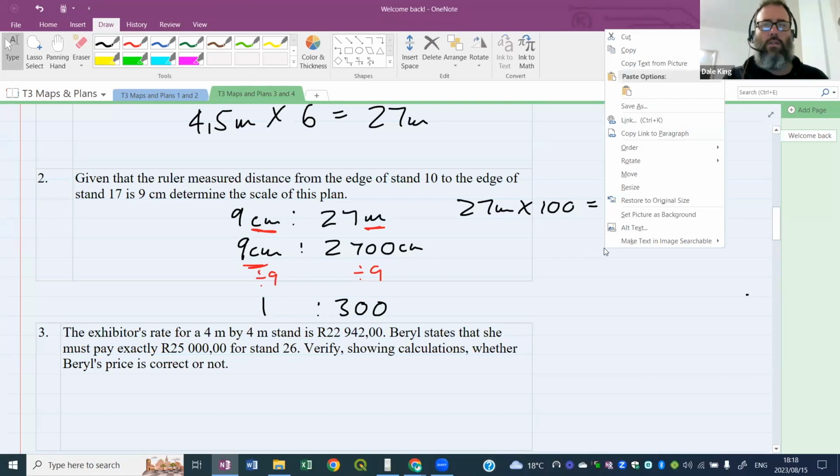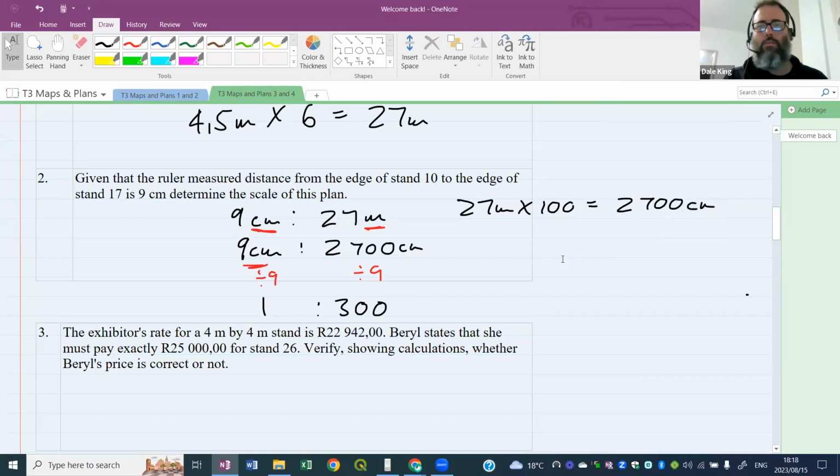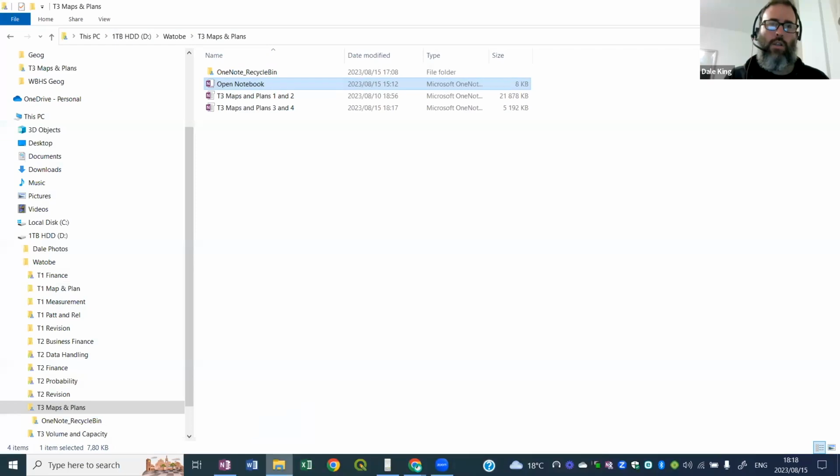Stand 26. Whoopsie. Come on now, stand 26. Where are you? Oh, gremlins. I've got load shedding issues in the software. All right, hang on to your horses, ladies and gentlemen. We're going to restart this engine.